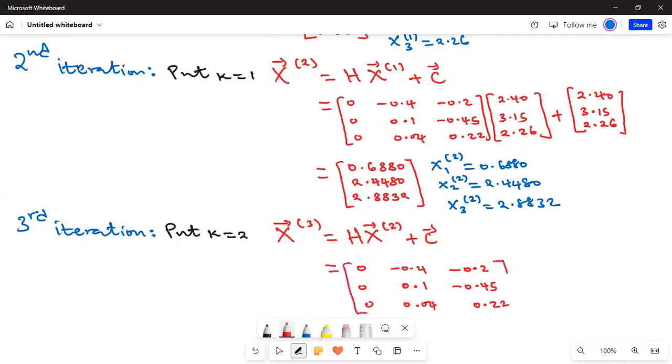That's our h. X at level 2: 0.688, 2.448, 2.8832.